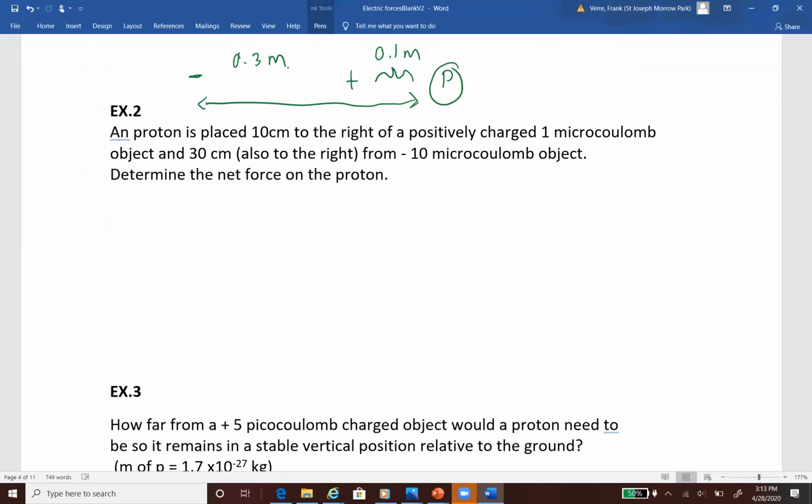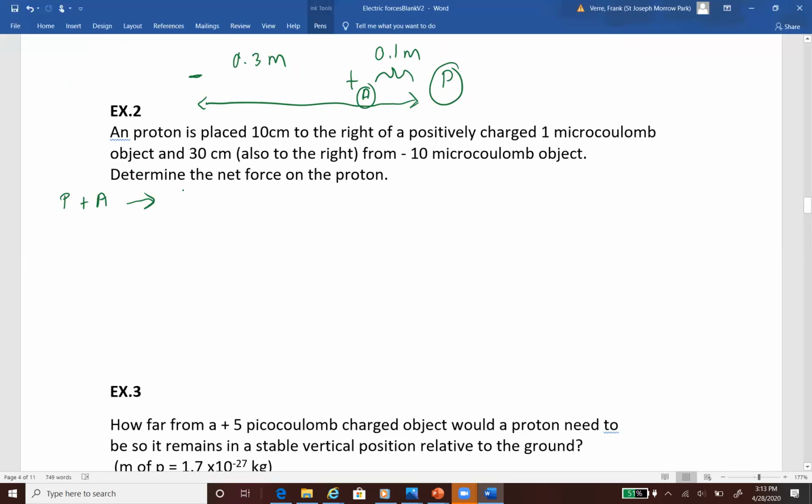Now, in this case, the two charges that are adjacent to the proton are opposite charges. So let's look at them separately. Let's look at the force between the proton and the positively charged object. We'll just call it A. So we're going to look at this scenario, the proton and A, which is positively charged.